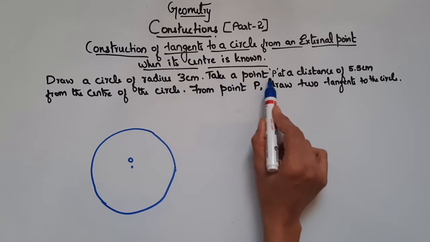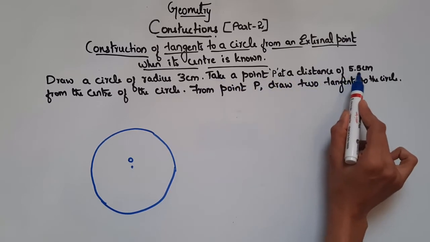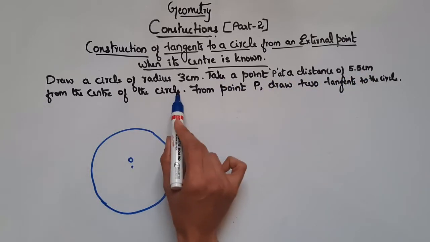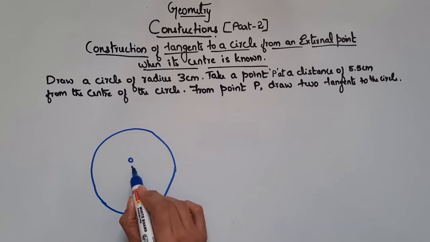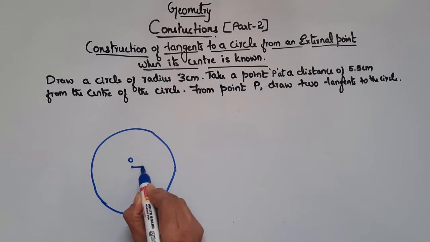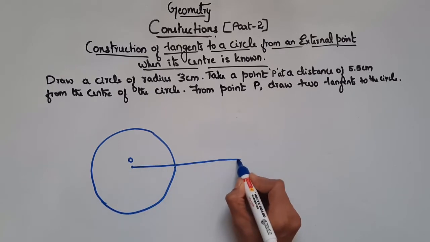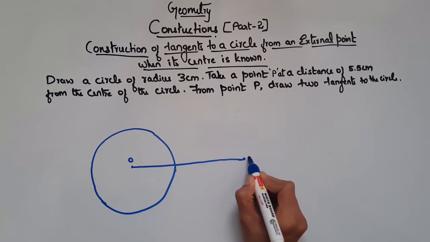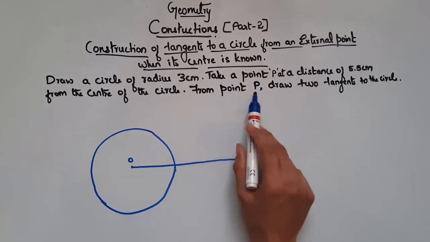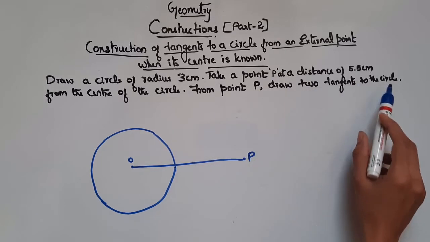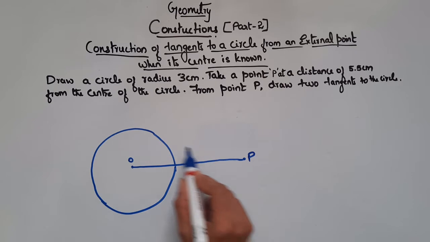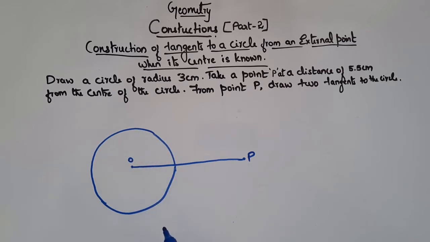We have to take a point P at a distance of 5.5 cm from the center of the circle. So this distance is 5.5 cm. Let's take this point as P. From this point, you have to draw two tangents to this circle.